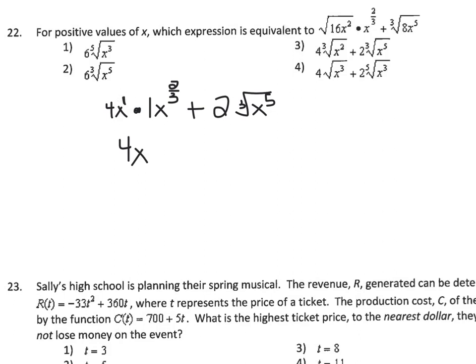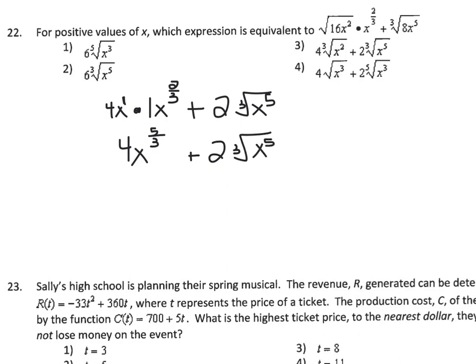And then we're going to add these exponents. So 1 plus 2/3. So it would be like 3/3, right? If you found a common denominator, 1 equals 3/3. So 3/3 plus 2/3 would be 5/3. So we're just adding those exponents. And then I'll bring down the plus 2 times the cube root of x to the fifth.